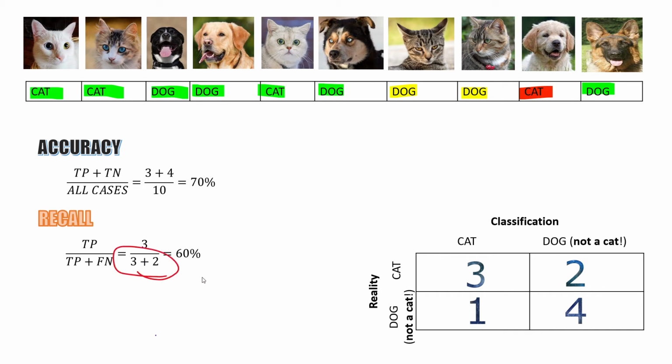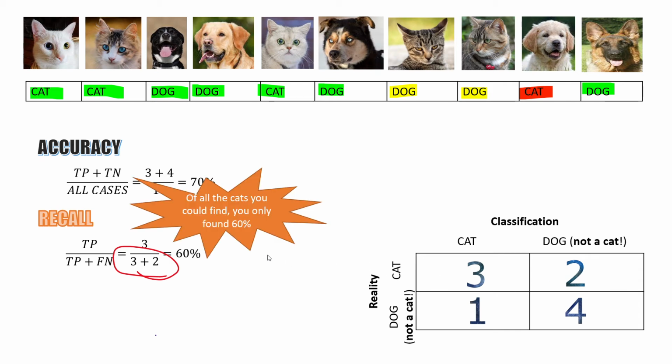And what is 3 plus 2? It is 5, and it is the number of the cats that are out there. In other words, recall is answering this question: of all the cats that are out there in reality in the data set, what percentage were you able to identify? So out of the total number of 5 cats, if you look at it, that is going to be the sum of the first row.